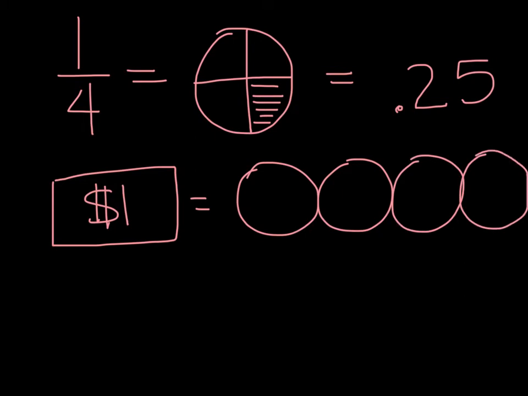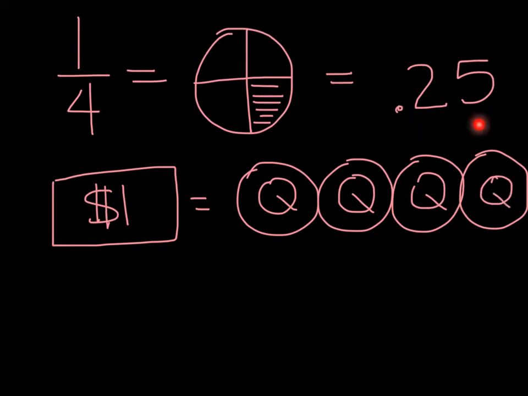And if you look back at 25 hundredths, it almost looks like a quarter. So, if 25 hundredths is equal to 1 quarter, then I can see how 1 quarter out of the 4 is equal to 1/4 of the whole thing.